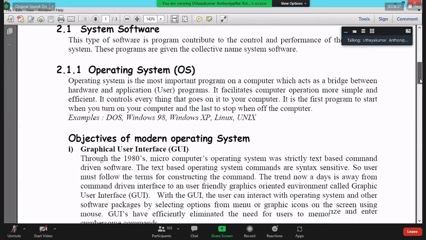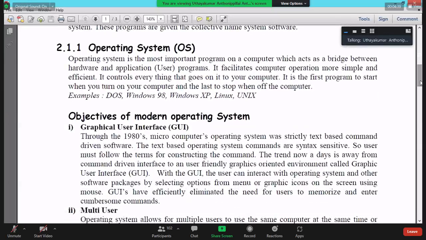The operating system is the most important program on a computer, which acts as a bridge between hardware and application programs. So it facilitates computer operations, making them more simple and efficient.